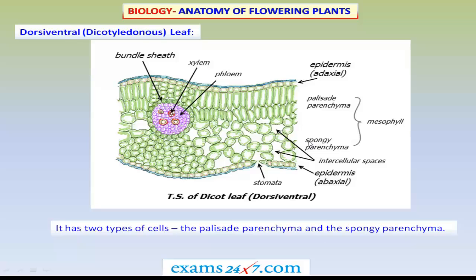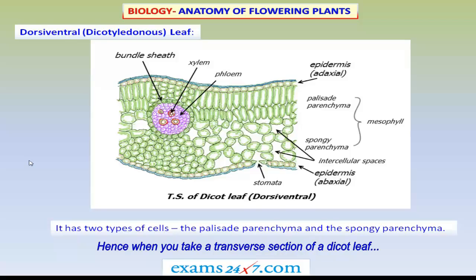The dicot leaves exhibit reticulate venation. That's a network-like venation. If you look at a dicot leaf, you find a central midrib with the secondary veins, tertiary veins, etc. Hence, when you take a transverse section of a dicot leaf, in the central portion we get the section of the midrib, and at the sides of the leaf lamina, we get the sections of the secondary veins and the tertiary veins.